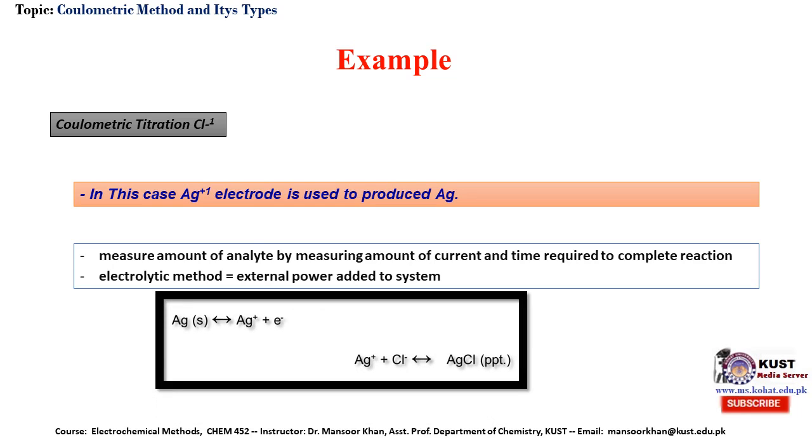This is the reaction. Silver solid is converted into silver chloride, AgCl, and precipitated. So this example shows us how the coulometric method can be used quantitatively for an analyte.